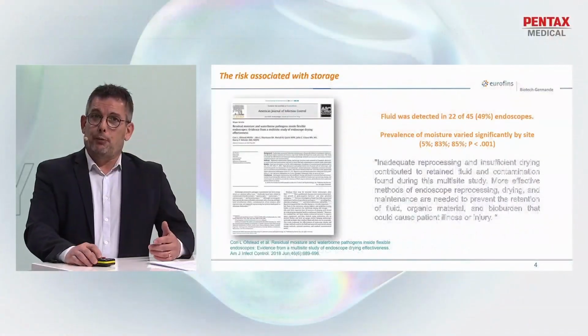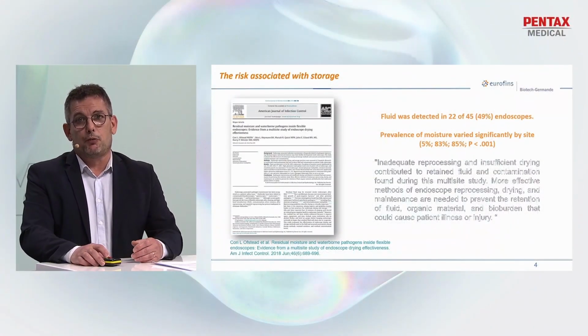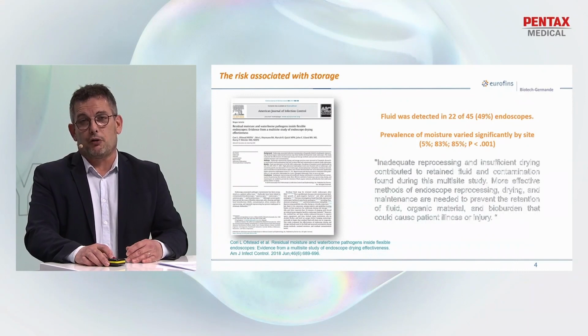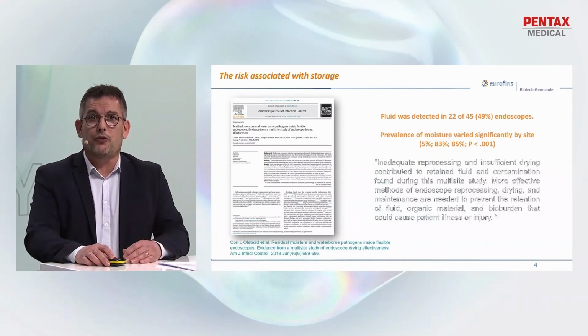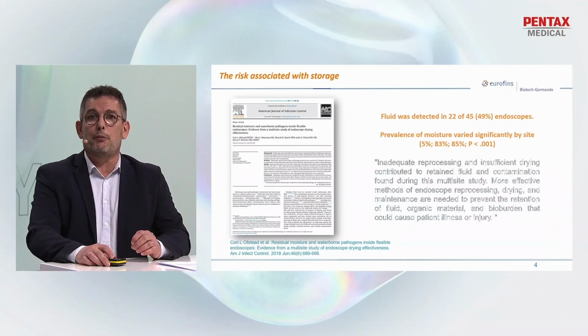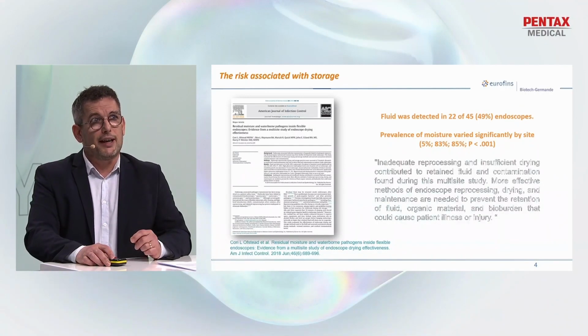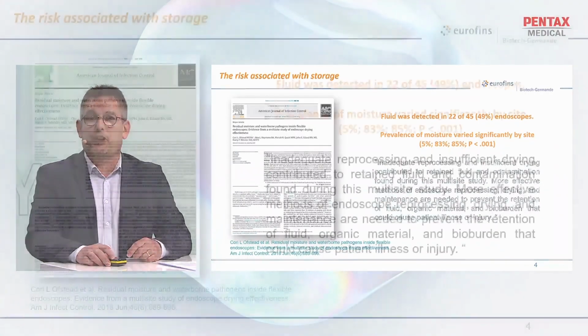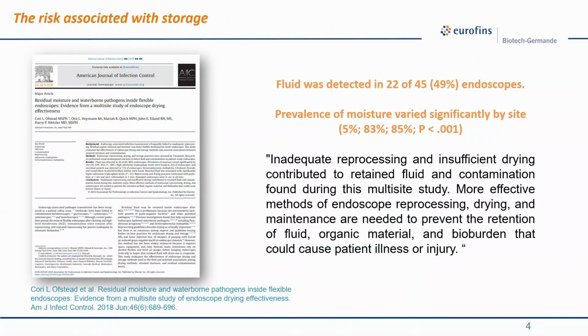There is also other paper published in the literature. One of the most interesting one is the one published by Ofstead in 2018. And Ofstead clearly also indicates that fluid remains in endoscope after reprocessing. In this study, Ofstead found that 39% of the endoscope were still contaminated by fluid or bioburden or something remaining in the endoscope after endoscope processing, which is a huge amount of endoscope which are not perfectly clean.